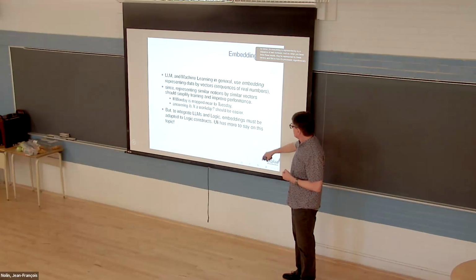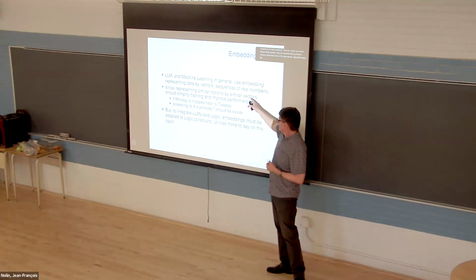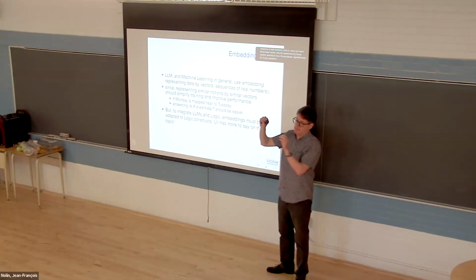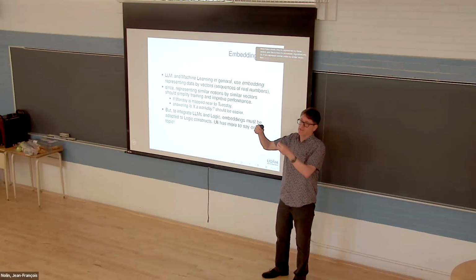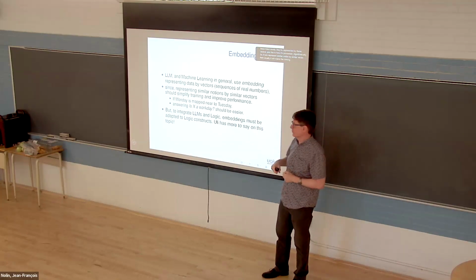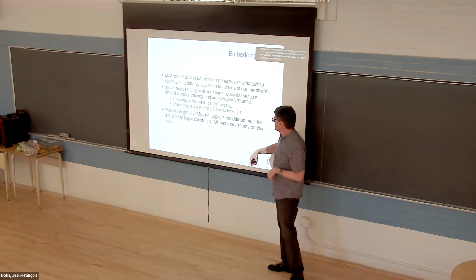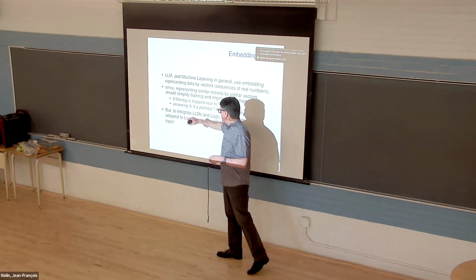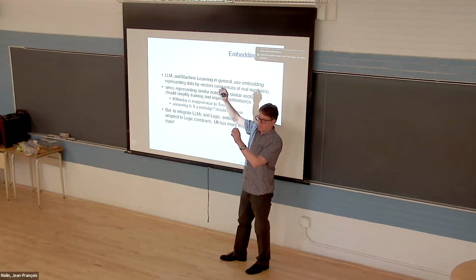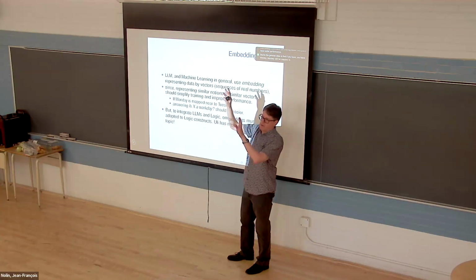If you represent similar notions by similar vectors, then usually it will make the training easier and you will have better performance. Maybe the general idea is that Monday will be mapped to some vector, and Tuesday will be mapped to another vector.